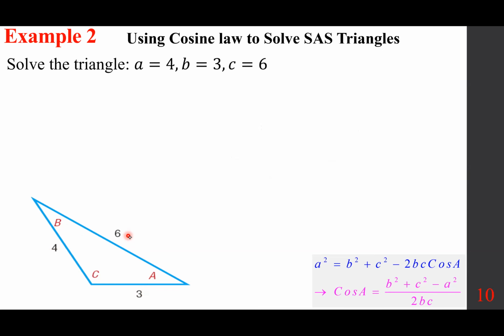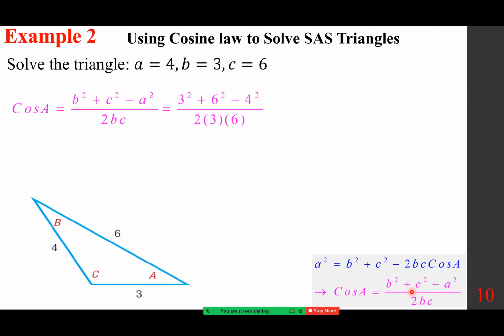So since we've already worked out this formula, let's use it. Cosine A is b squared plus c squared minus a squared over 2bc. We replace the b with 3, c with 6, a with 4. The same thing for the denominator, 2bc. And we do the math.